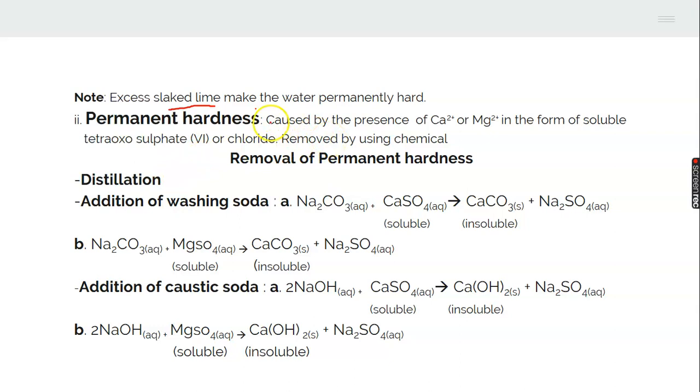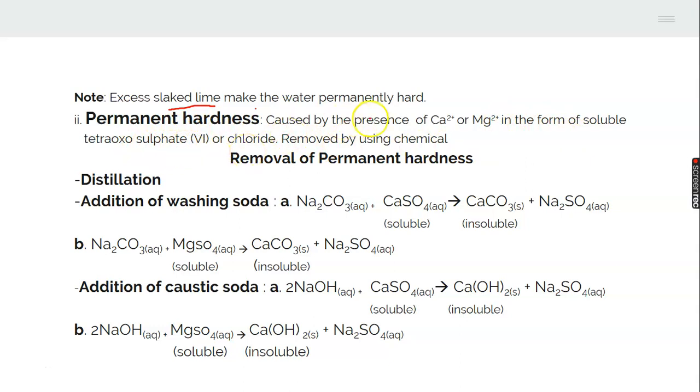Okay, so permanent hardness of water. What's the cause of permanent hardness of water? It's caused by the presence of calcium ion and magnesium ion in the form of soluble tetraoxosulfate 6 or chloride.